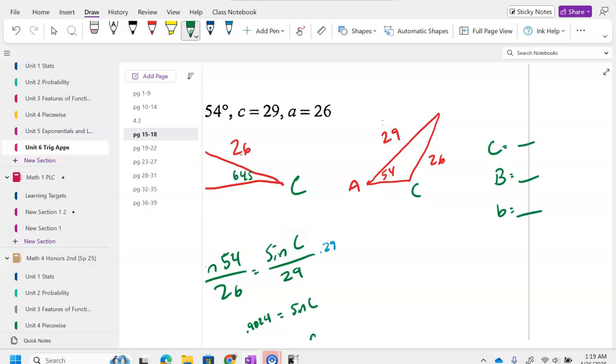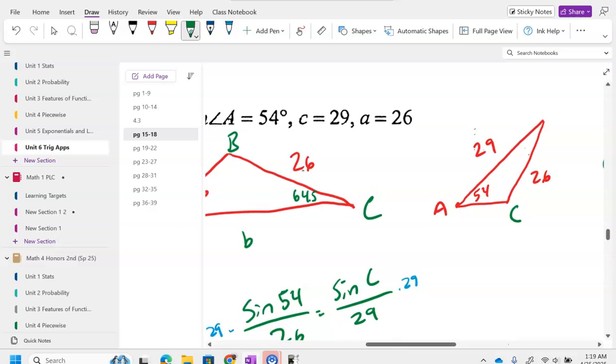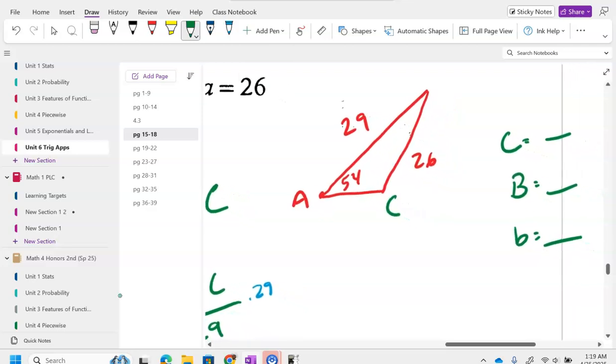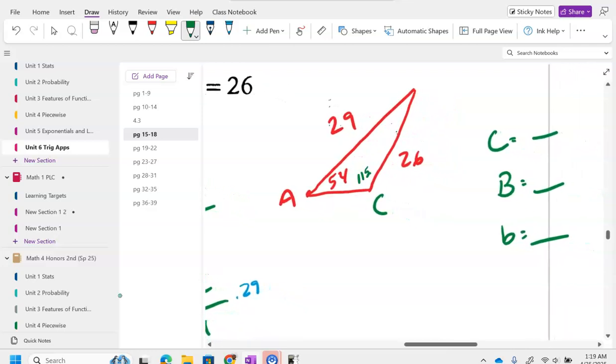So if I do 180 minus the other angle we just found, 64.5, I get 115.5 degrees. So in our second triangle, angle C has to be 115.5.